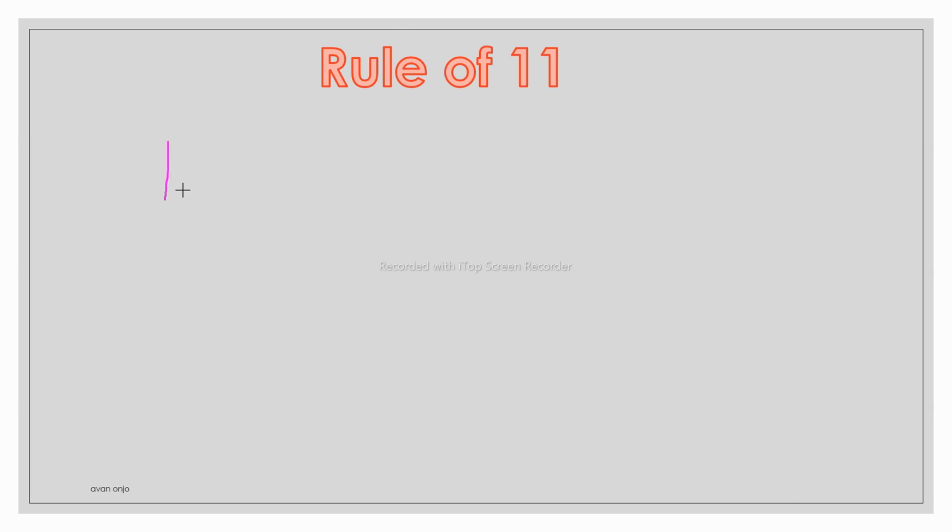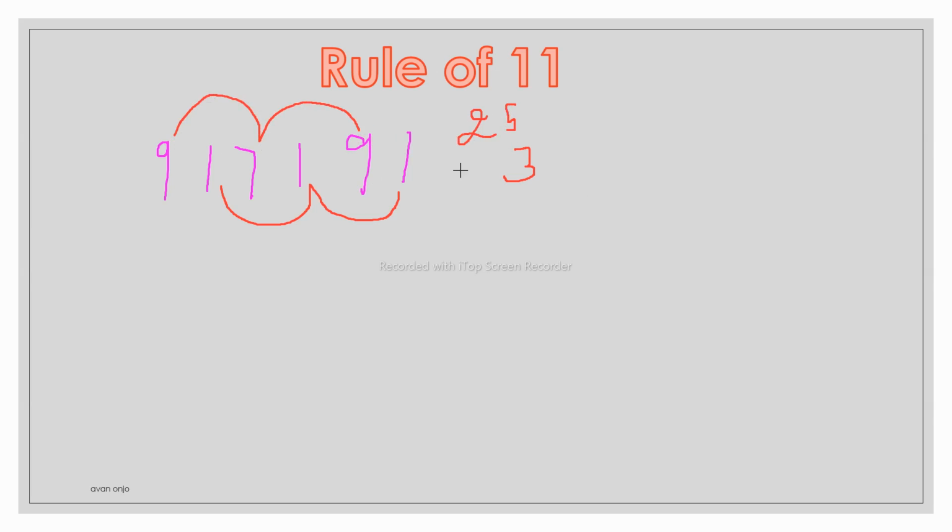The number is 91719. Now I'm writing it with a gap so that I'm easily able to make out, and I'm going to change the color. Add the alternate digits: 1 plus 1 plus 1 is going to give you 3, and the other alternate digits are 9 plus 9, that is 18, plus 7, that is 25. Subtracting 3 from 25, I get 22.